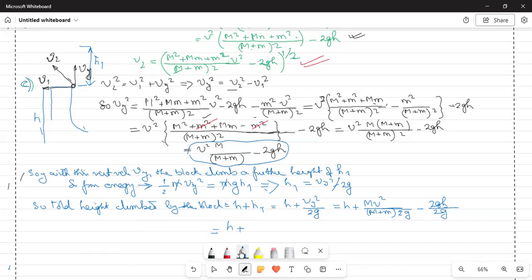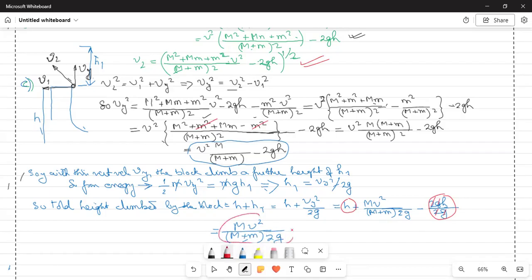Here you see 2g, 2g cancel, so I am left with h, another minus h, so the whole thing gets cancelled. What I am left with is capital M V square by capital M plus small m into g.